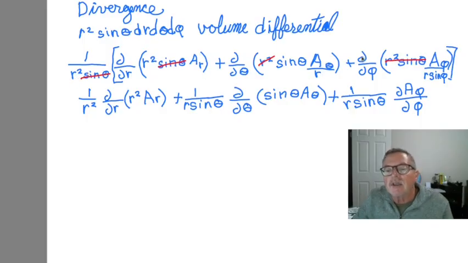Then finally, for the partial with respect to phi, the r squared sine theta is all of the correction factor for the theta element, so that whole thing comes out. Once we get these cancellations done, we get 1 over r squared, and you can follow through here. I can talk through it or you can look at it, but we get to that form, and we're going to use this form on the next page.